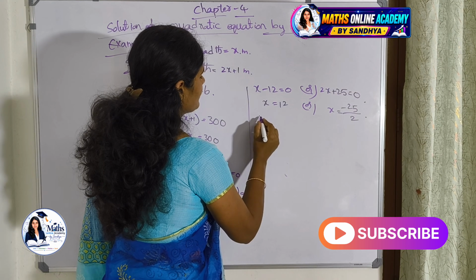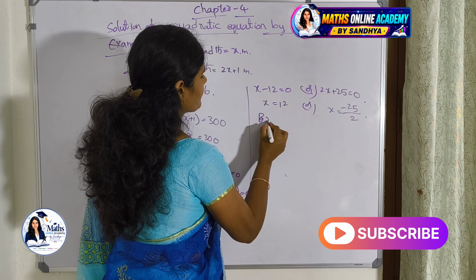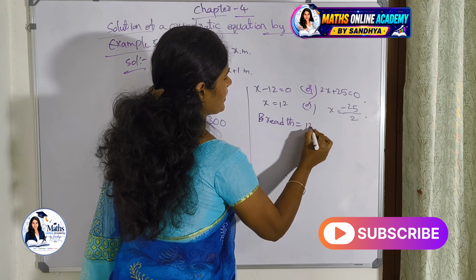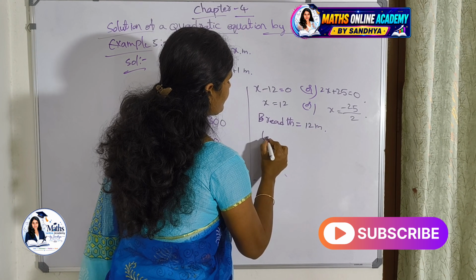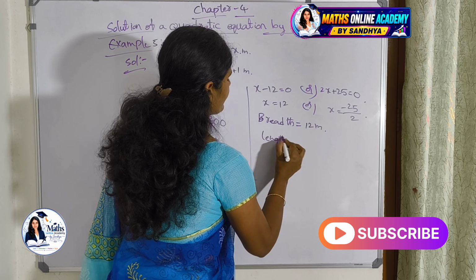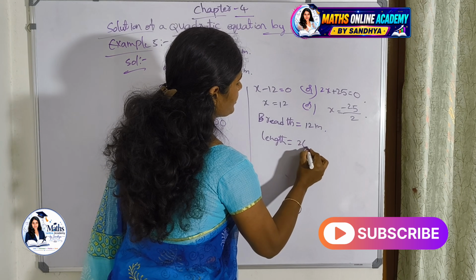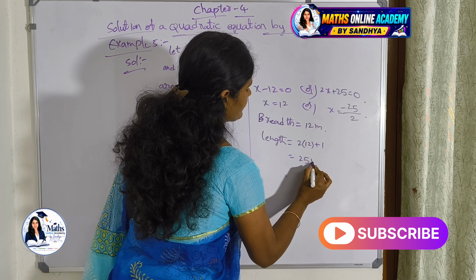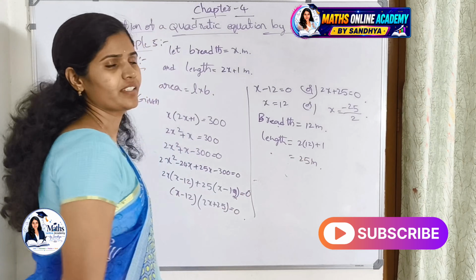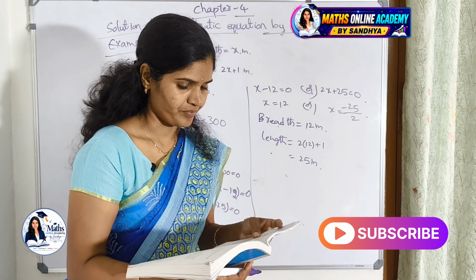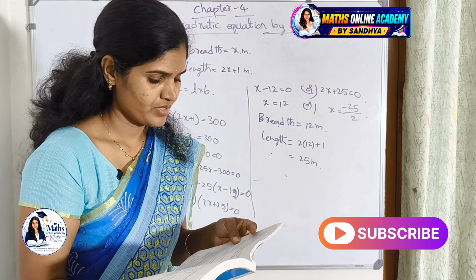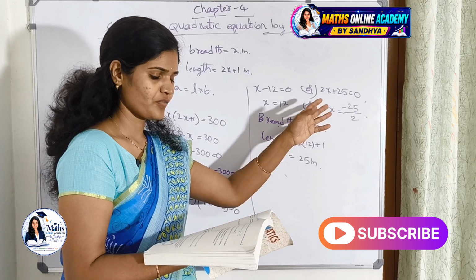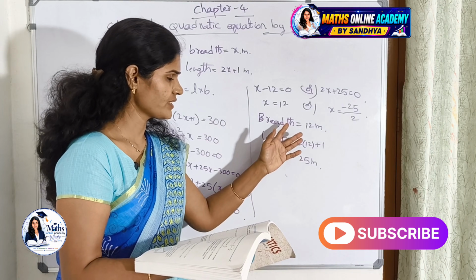So breadth equals 12 meters, and length equals 2 into 12 plus 1, equal to 25 meters. This is the breadth, this is the length. Got it? These two are the roots of the equation, and this is the length and breadth.